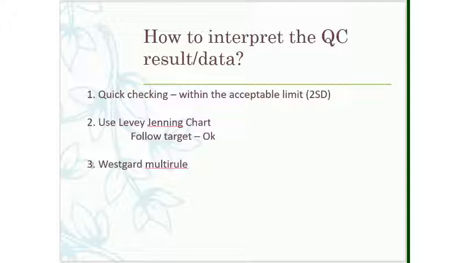We just compare the QC result with the mean and SD limit, the range, and make sure that the value of the QC is within the acceptable limit, which is plus or minus 2 SD. Second, we can use the Levey-Jennings chart. If it follows the Levey-Jennings chart target, then the performance of the QC or test is okay. And third, we can use the Westgard multi-rule.